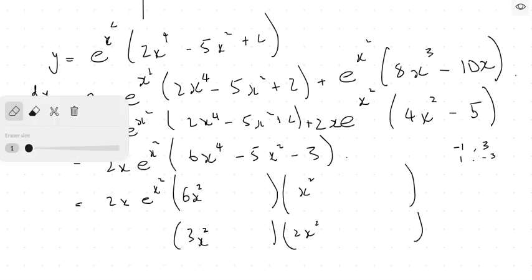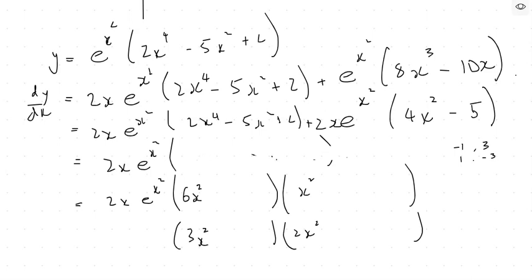Let me try that again. This line is wrong here. So it's actually 2x to the 4, and then these are the squareds. So we've got minus x squared. That's a 2, isn't it? So minus 3. Okay, this should work now.